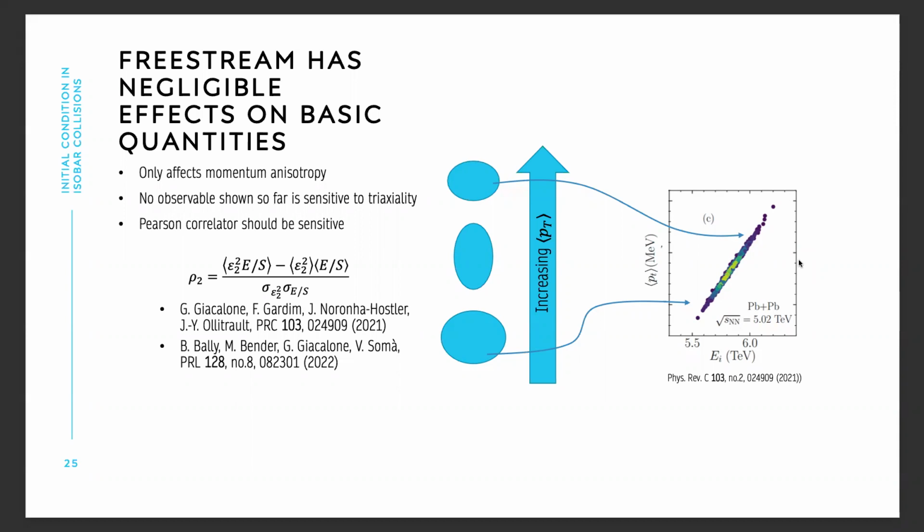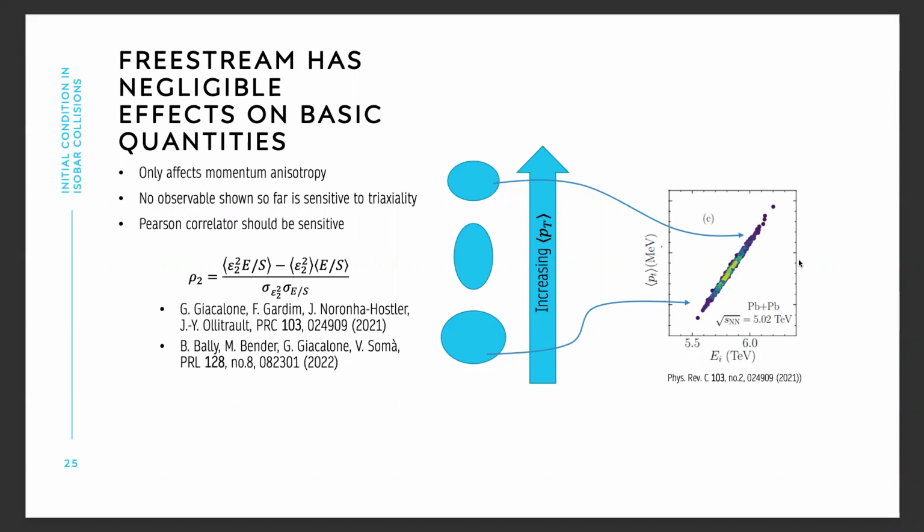So let's say a tip-tip, a body-body, and another kind of body-body collision. Each one of them will have a different overall size carrying the same energy and different eccentricities.